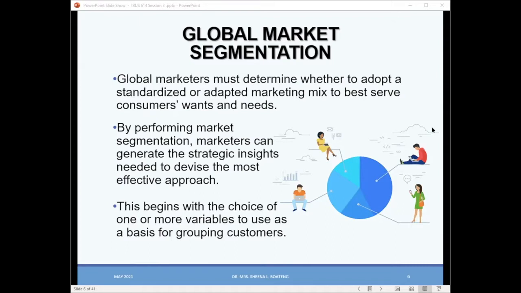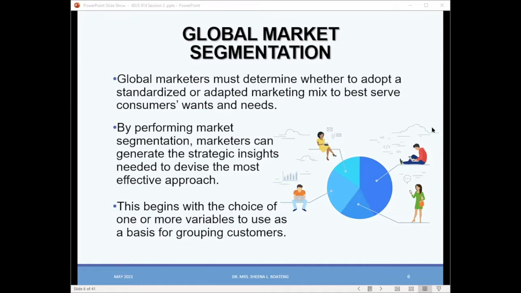Now, depending on the markets that the organization chooses to target by way of global marketing, they may have to adapt their marketing mix strategy. So the more homogeneous the segment is, the more standardized the global marketing mix strategy can be.